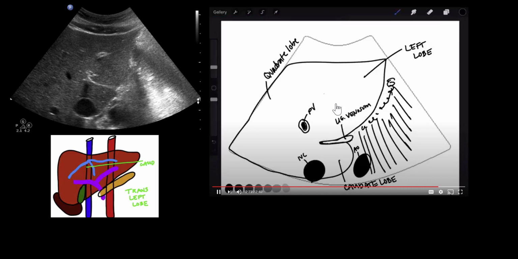So if your patient has a very large left lobe, you can slide that IVC all the way to the left side of the image, so you can again try to completely image the left lobe with this one picture. If you're unable to, again, you can always slide to the patient's left to grab more pictures at this level.